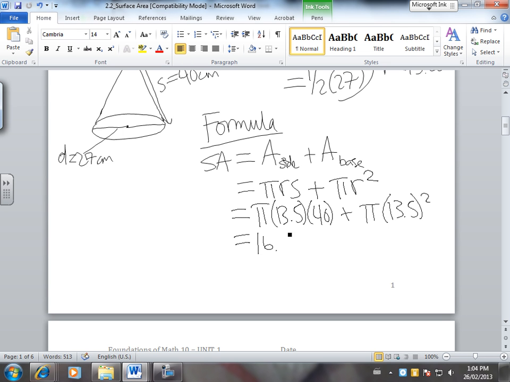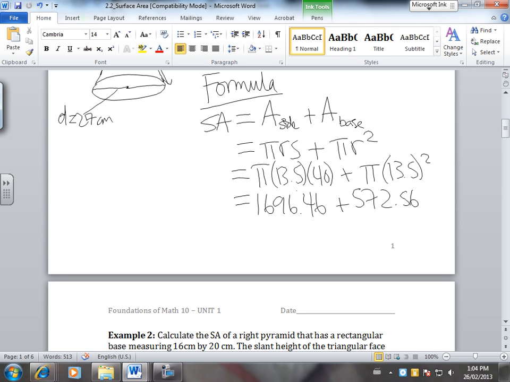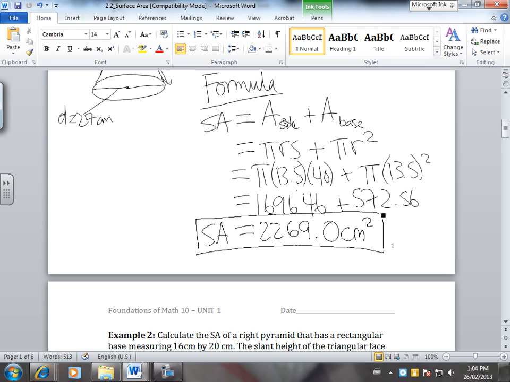So you have 1,696.46 plus 572.56. And we end up with 2,269, and we want the nearest tenth, so that would be 2,269.0 centimeters squared. And that's our surface area.